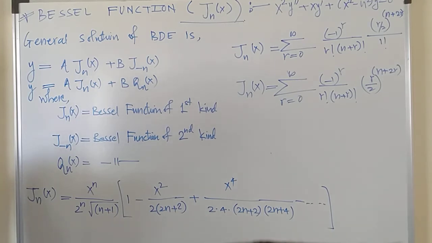N plus 2r. So this is the relation for the Bessel function of the first kind, Jn of x.